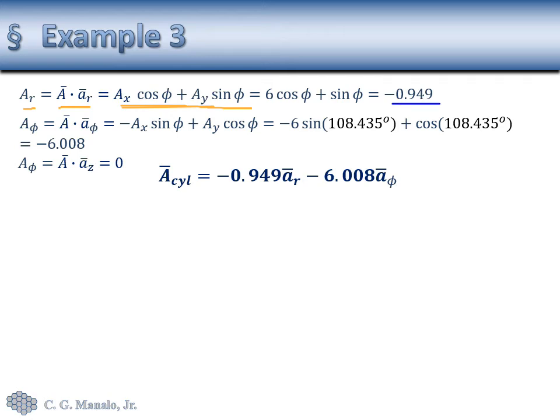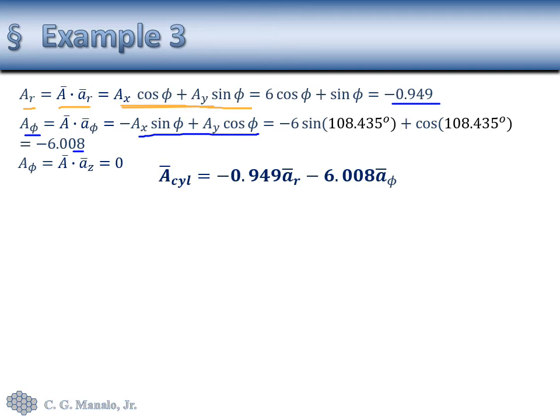So that will give us this answer. A sub phi again is equal to the dot product with the unit vector a sub phi, and that will give us this formula as seen in the table, and that will give us this answer.